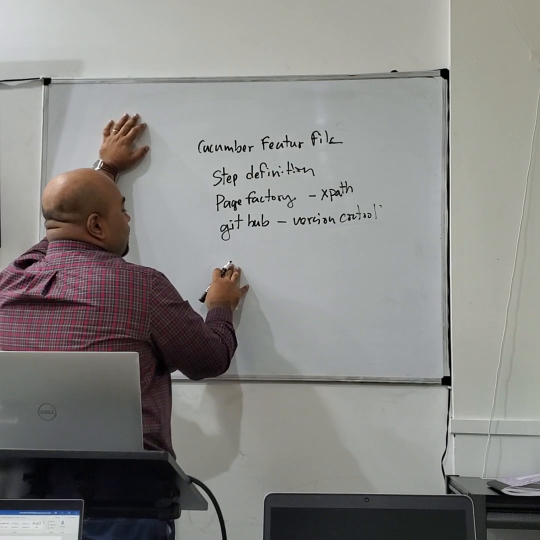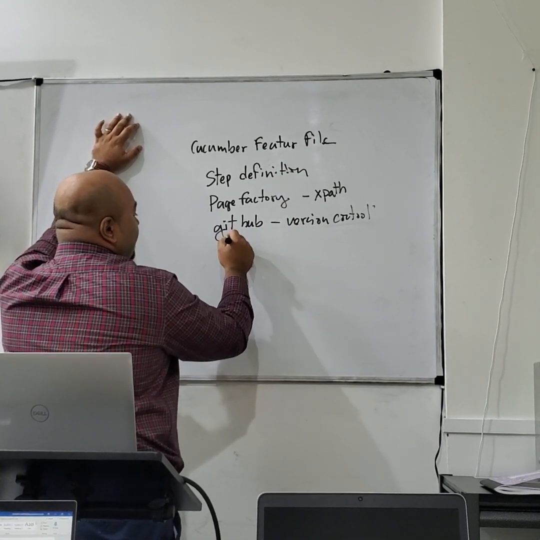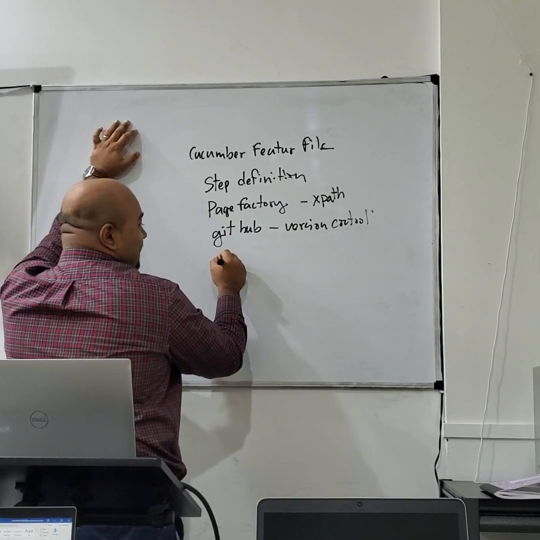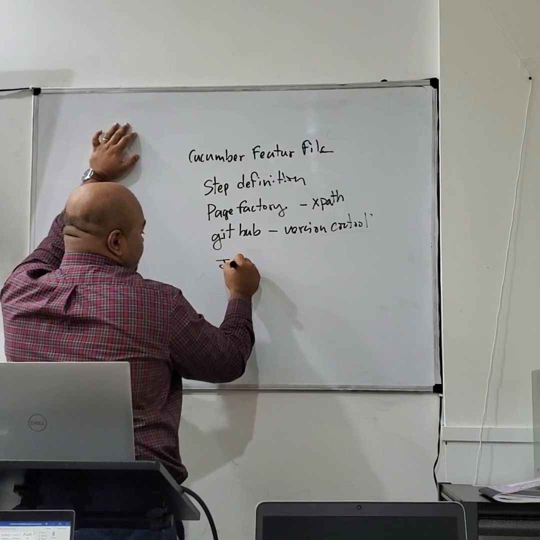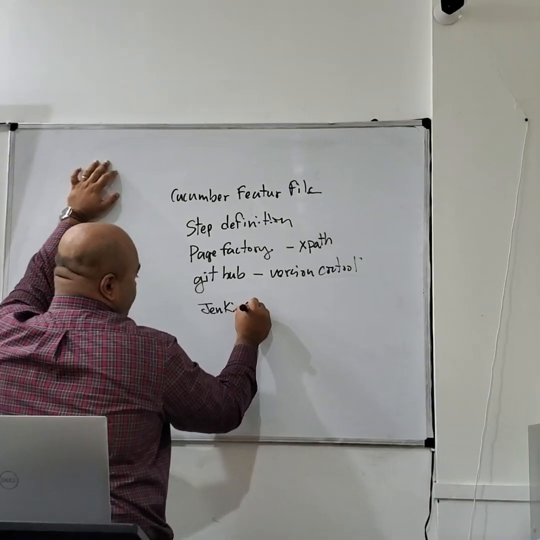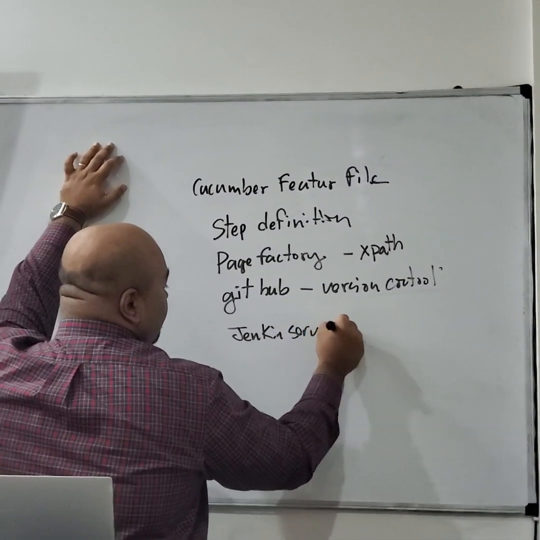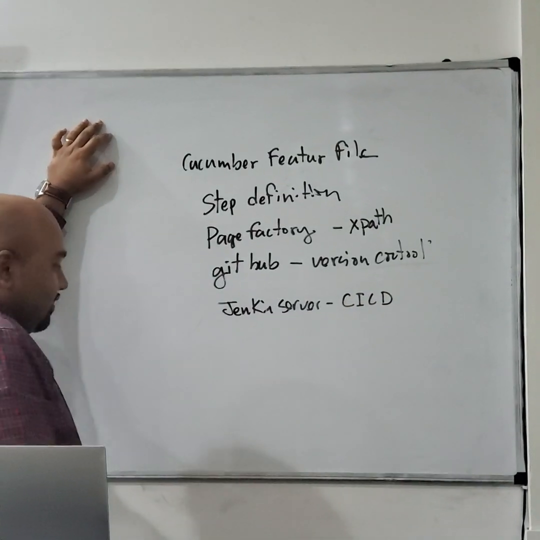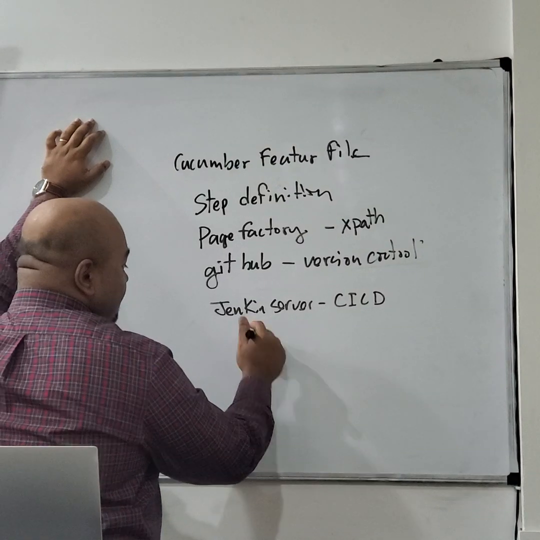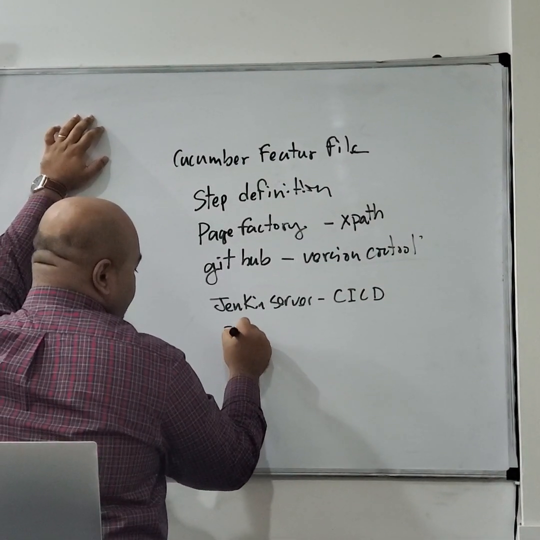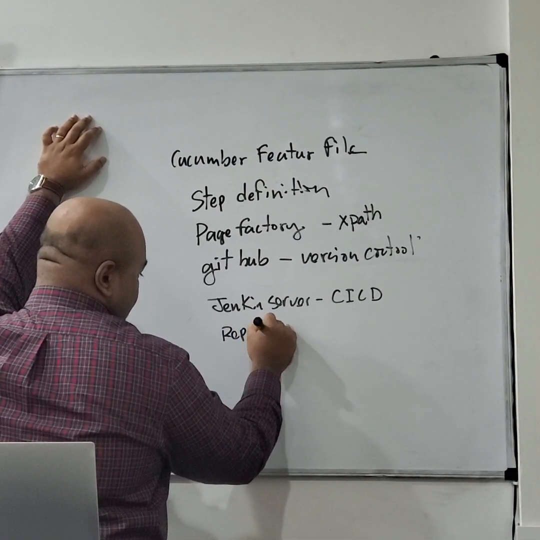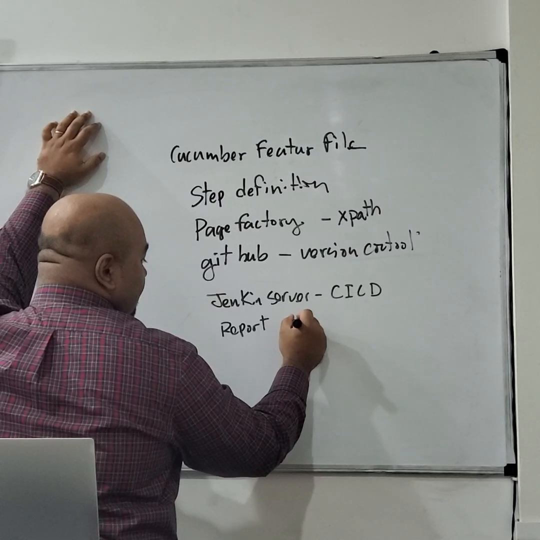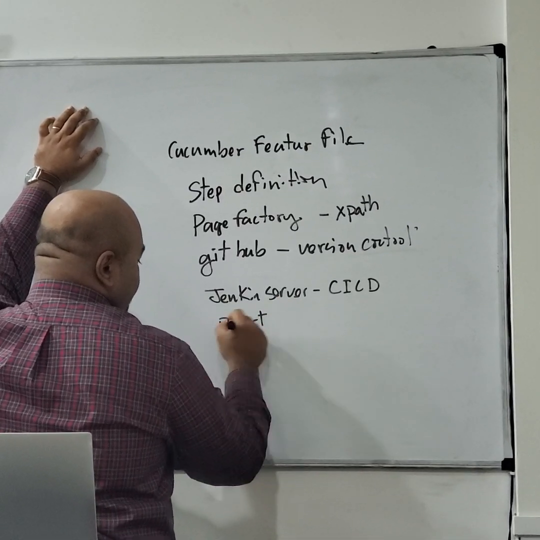And then I connect my GitHub with my Jenkins server for CI/CD. Then this generates a report, an Extent report.